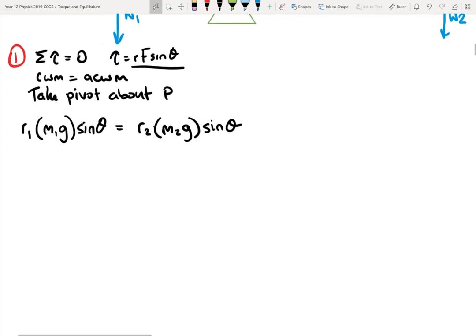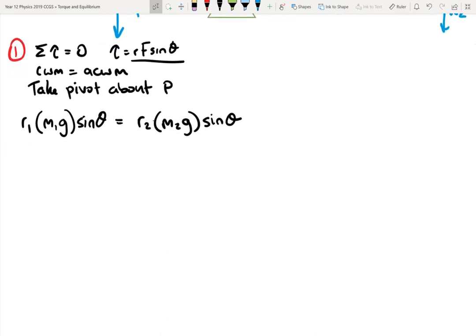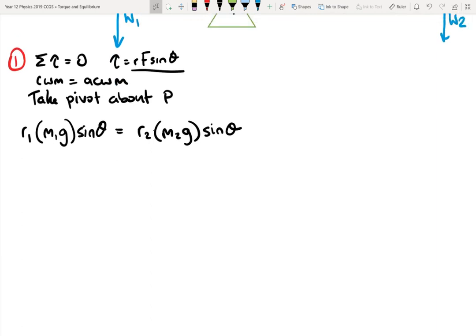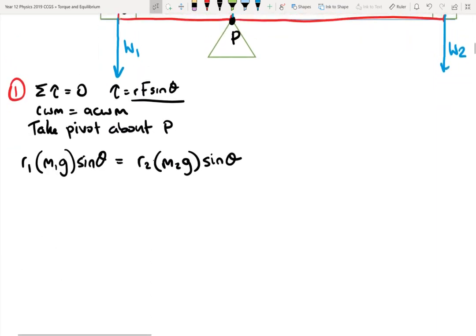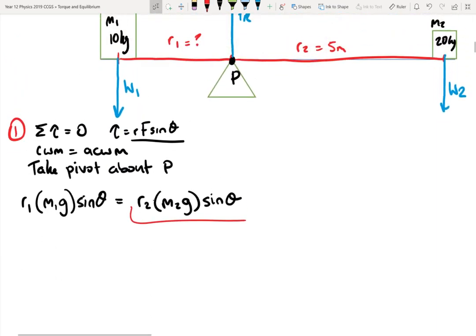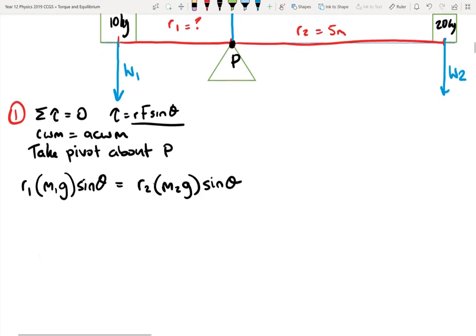This is how we need to attack it. Now, we don't need to evaluate. I could tell you that the torque of all of that is 5 times 196, which is 980 Newton meters, but we don't need to. Have a look. We're just solving for R1.